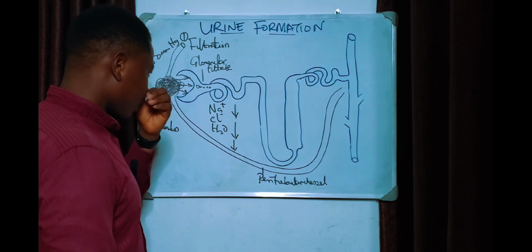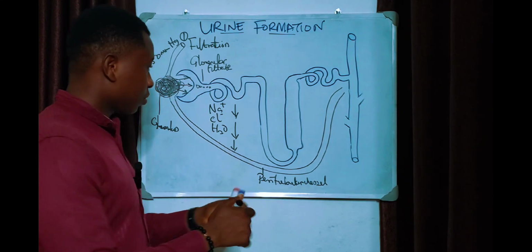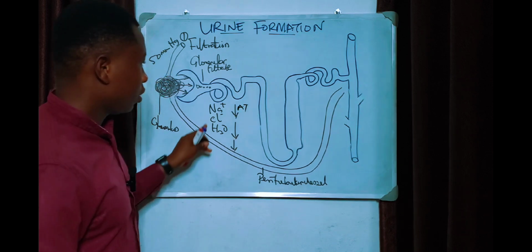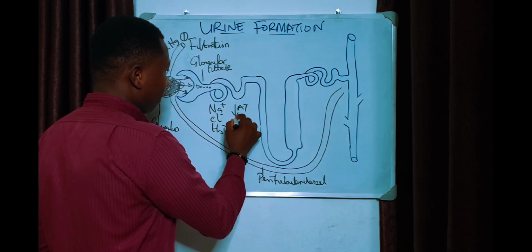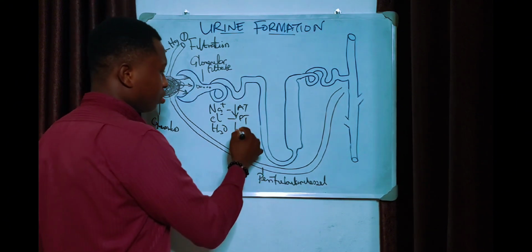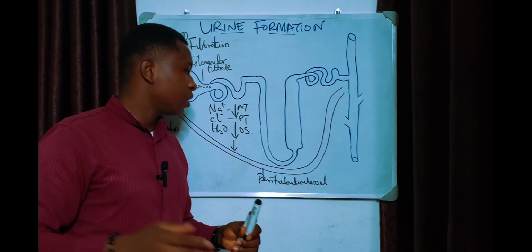Okay, so absorption of sodium is through active transport. Let me write that down. Active transport, while chloride ion is through passive transport. Then H2O is simply through osmosis. Osmosis, you know what osmosis is, all right?